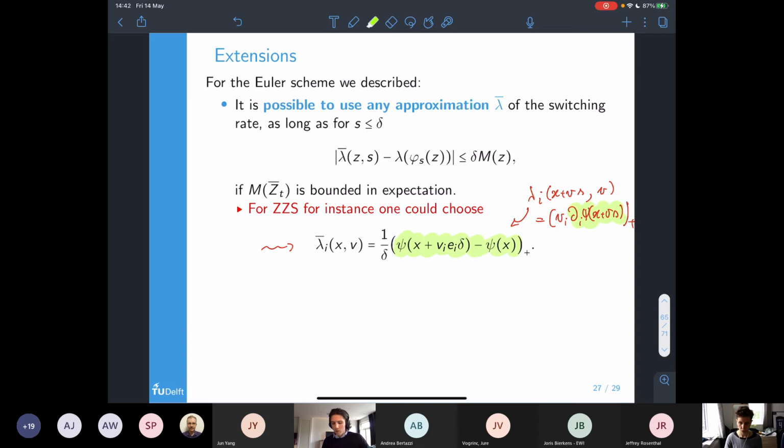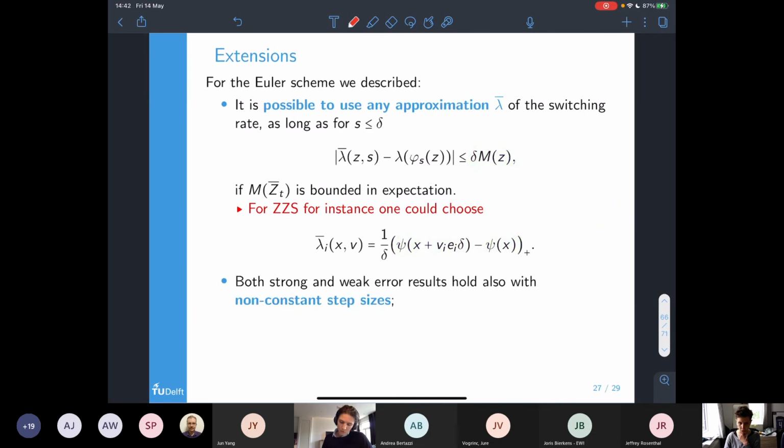And then this would satisfy this kind of bound here. And yeah, still have to check how it performs in practice. But the interesting part is that then we wouldn't have to compute the gradient of the potential every time. And this would be, in a way, a gradient-free Euler zigzag algorithm.